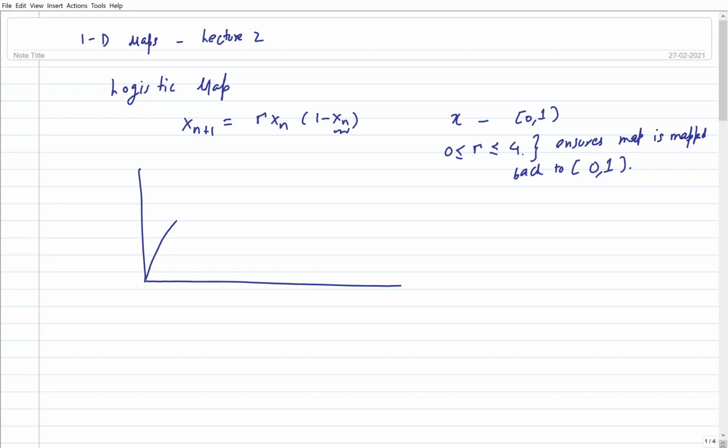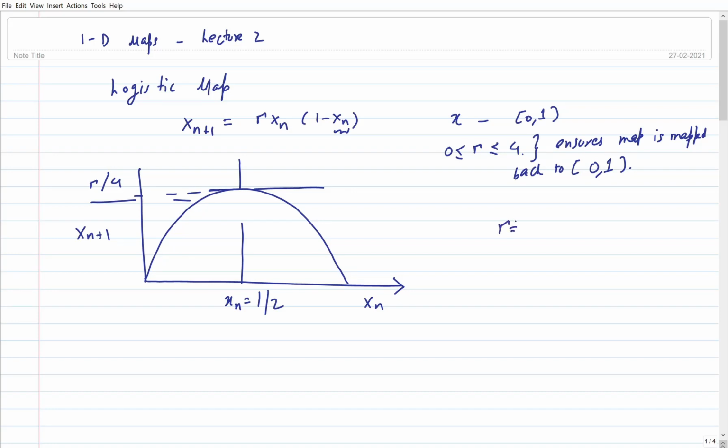And of course, we graphed it last time. This was r by 4, and the maxima occurred at half. And we saw the iterates of the map.